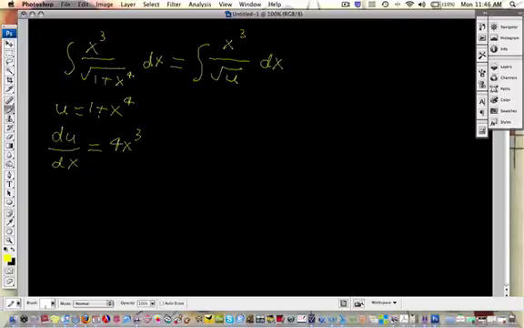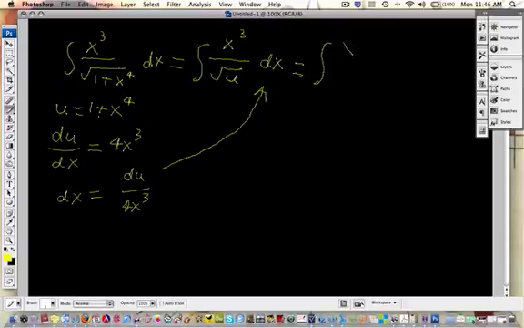And so if you do some simple algebra here, you can see that dx is equal to du over 4x cubed. Okay, so I'm going to take that and put it where my dx is here. The only thing that's different is this dx is going to be replaced with what it is in terms of du.